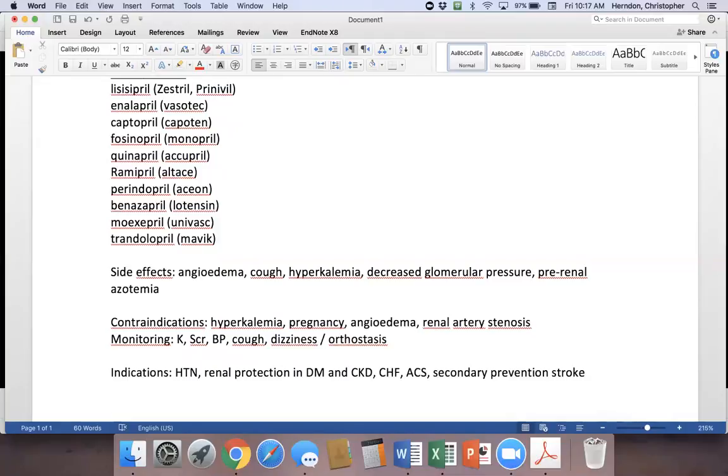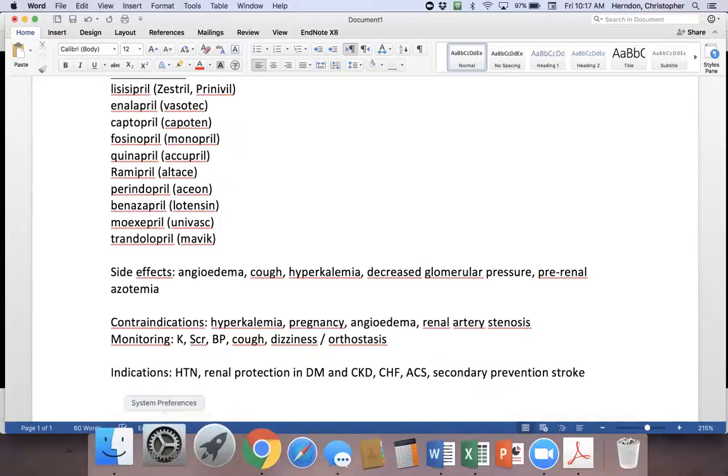So, the RAS system. Talk to me, folks. What is it? Where does it start? It starts with renin. I like where you're going. Can you go deeper? Wish I could draw on this somehow. This blows. Here, let's do this.